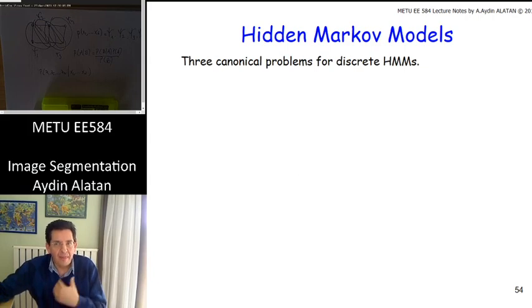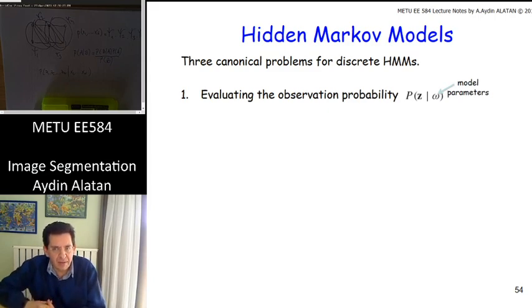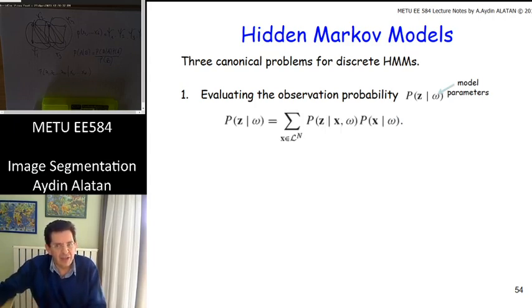Now, hidden Markov model is a very general topic. It could be applied to many things in engineering, in electrical engineering, like speech recognition or whatever. There are three canonical fundamental problems. The first thing is how do you evaluate your observation probability? In other words, you observe a pixel as red. How do you give your probability? Now, please note that we really don't know.